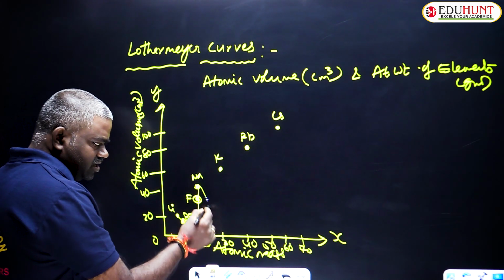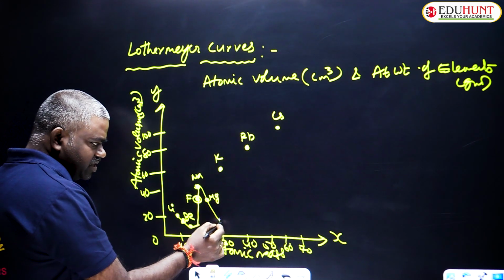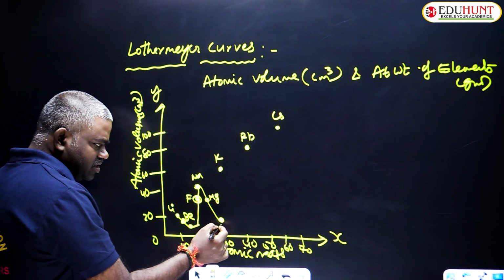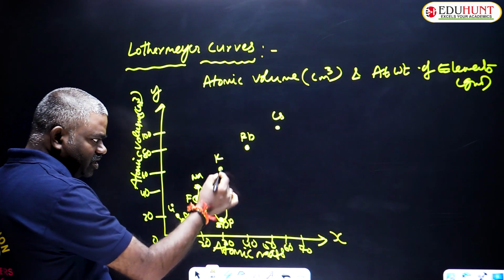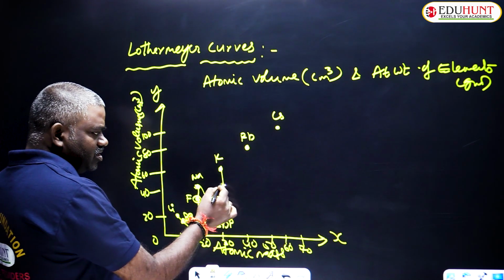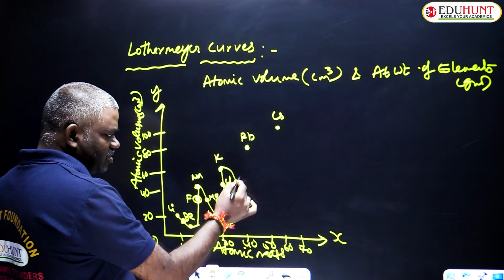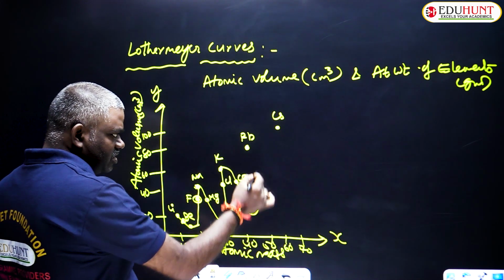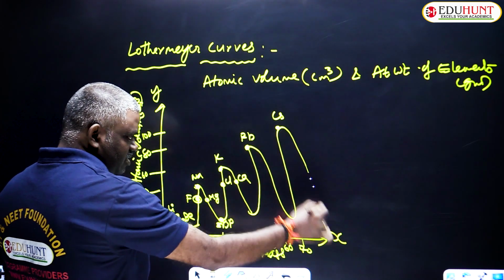After that it goes down again to magnesium, then silicon, phosphorus, again increased, here chlorine is present, again decreased, like calcium present, like this, again increased, again decreased, again increased.